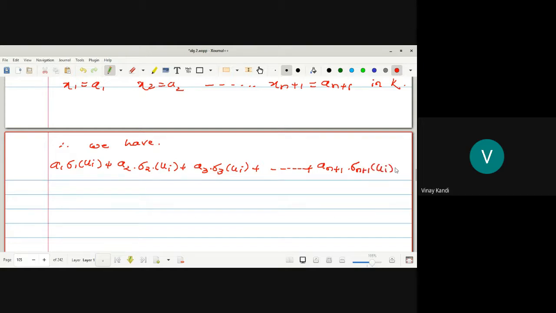Call this equation number 1, for i running from 1 to n. Any doubt up to here?